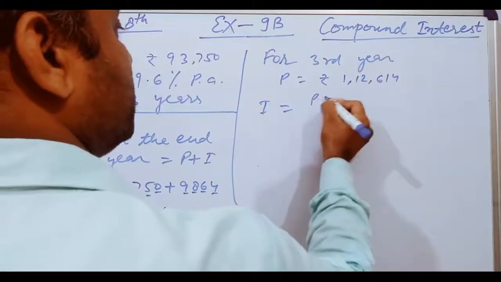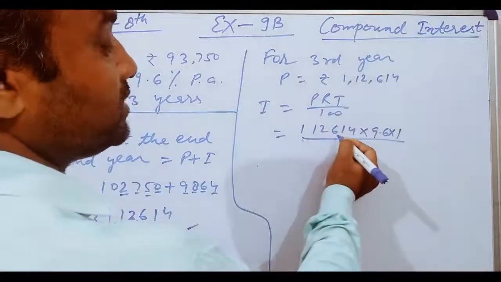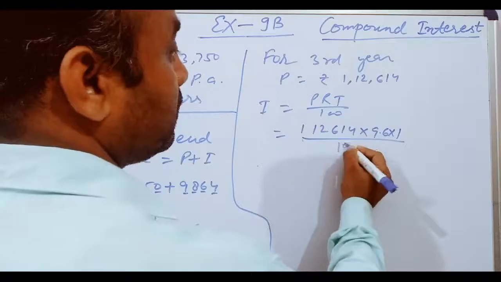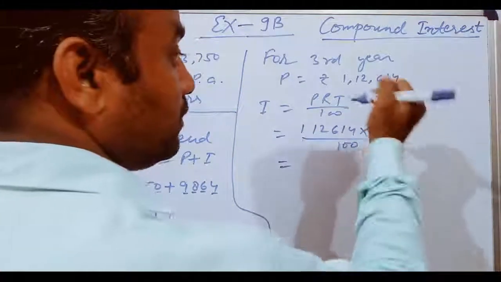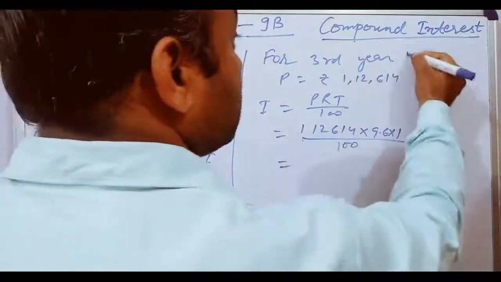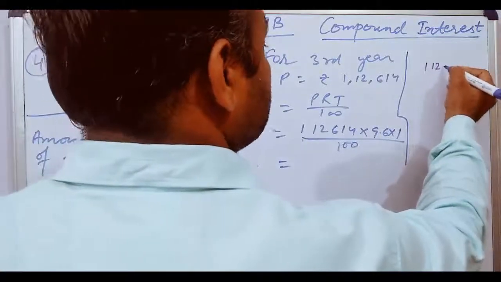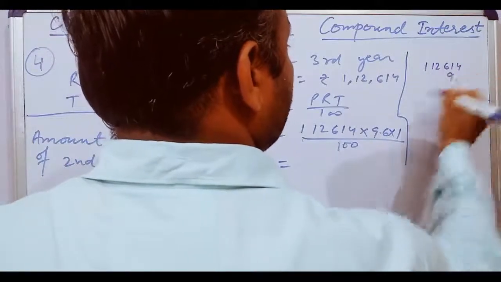Interest equals PRT upon 100: 1,12,614 into 9.6 into 1 upon 100. Now we will multiply 1,12,614 by 9.6.